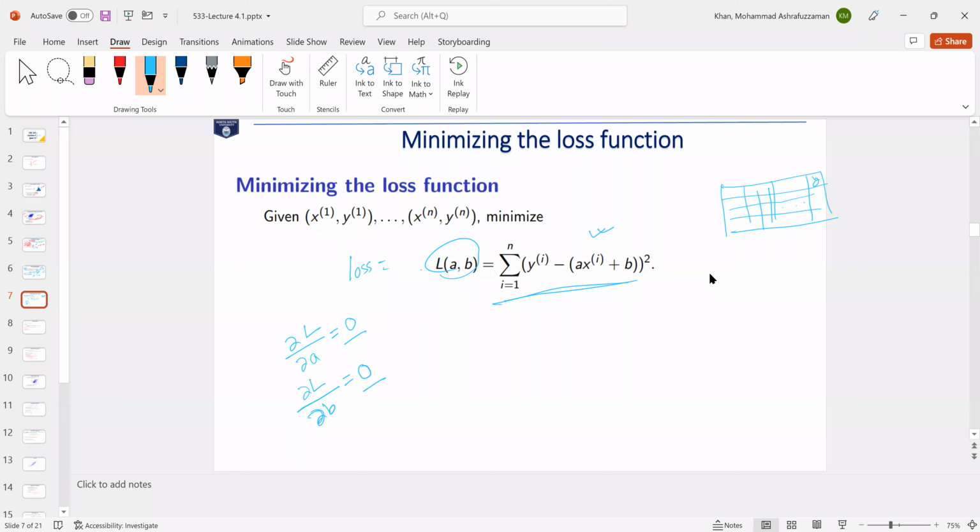We found the lowest value for the loss function if we do this. How do we do it? So this is a convex function, and a convex function looks like this. Now this is the parameter space, for example a or b, and this is the loss value for this function. And it's a quadratic function.